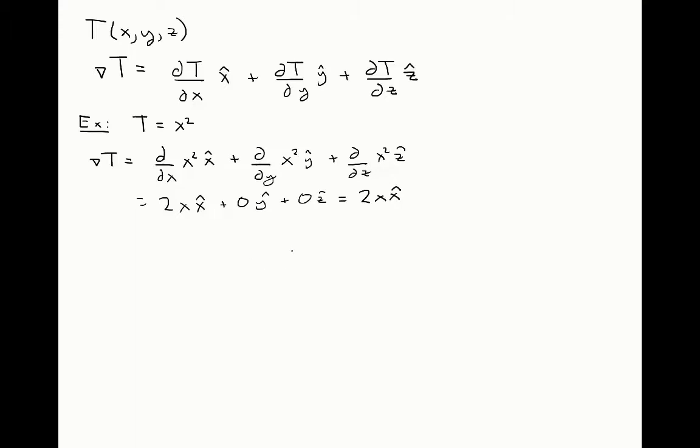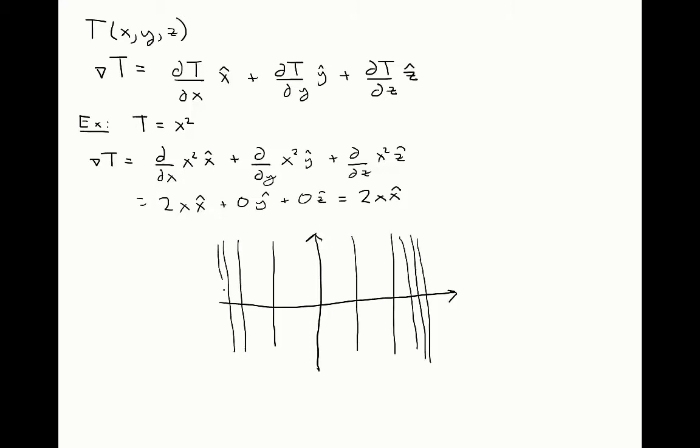Now I want to think about what this really looks like, and bear with me as I attempt to draw this. Yes, I could get computers to draw this nicely, but I want you to be able to do sketches as well. I'm going to draw this as a topographical map. Remember, this means that when the lines get closer together, it's getting steeper. And just pretend this is symmetric.